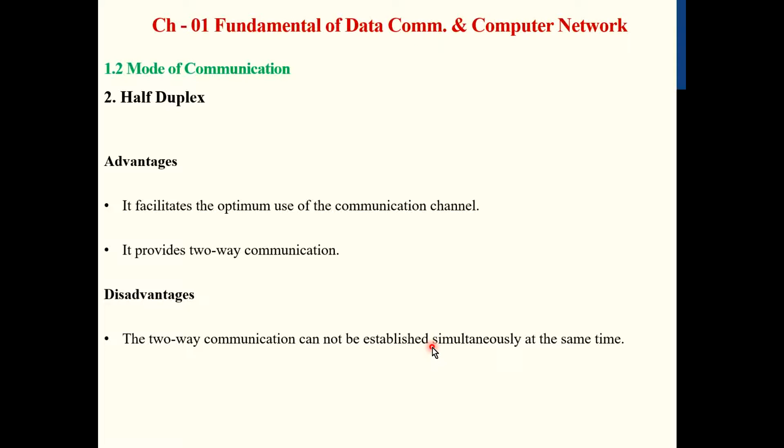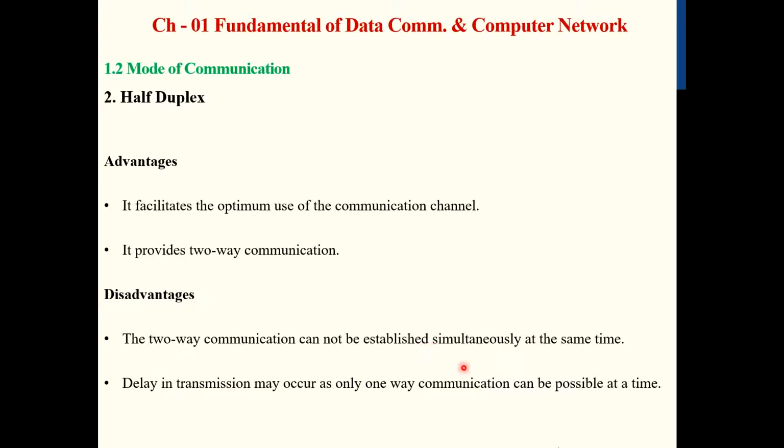The next disadvantage is that delay in transmission may occur, as only one-way communication is possible at a time. So delay is also an issue in half duplex mode. So this is half duplex mode.